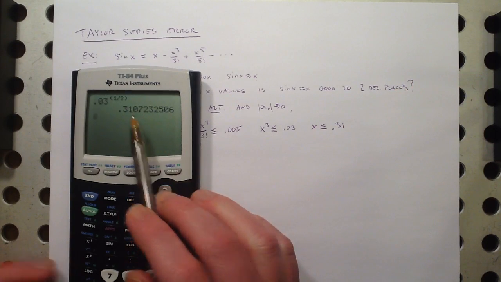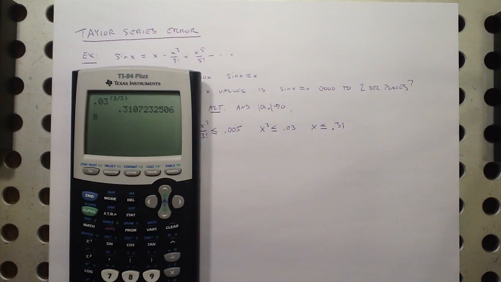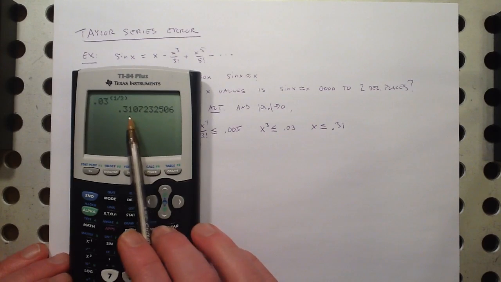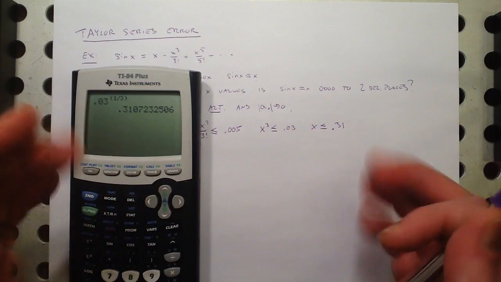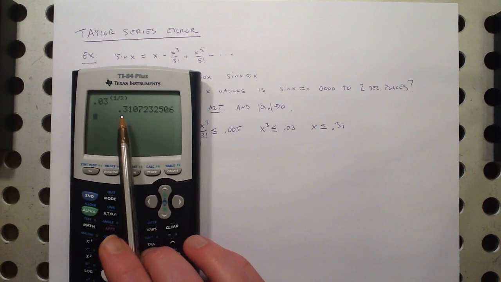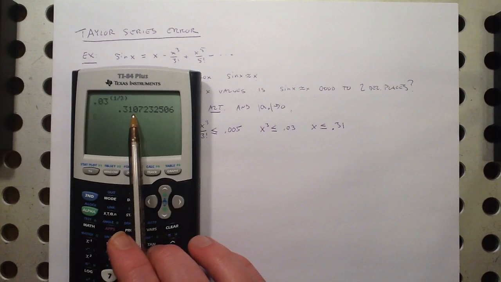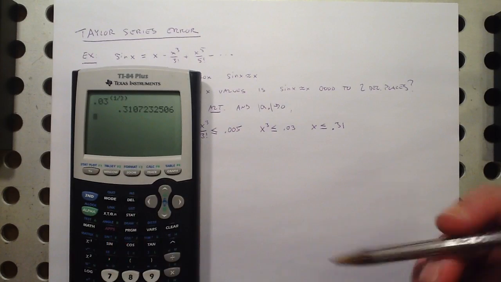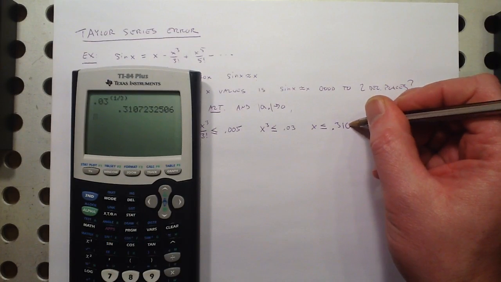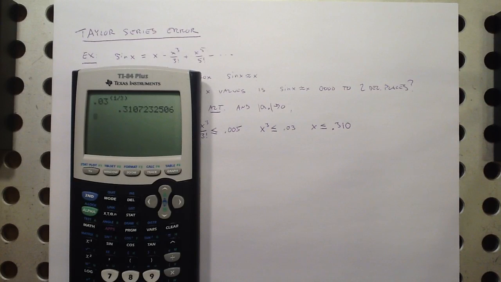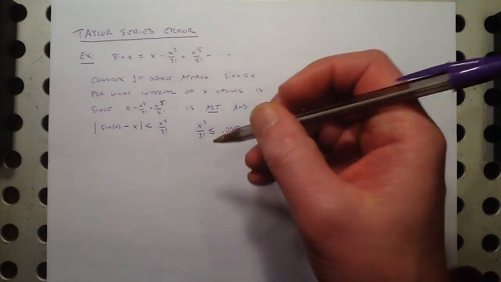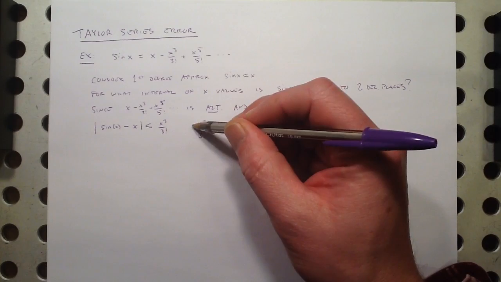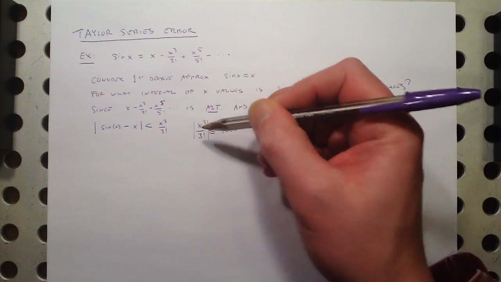And since I want it to be good to this approximation, I need to round in to make the interval tighter rather than looser. So instead of rounding to 0.311, I'm going to round to 0.310. I'm going to round conservatively to make the interval smaller. And also point out that I should have put here that this is the absolute value of that next term.